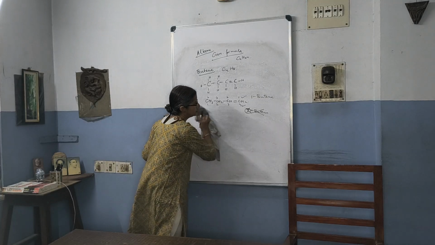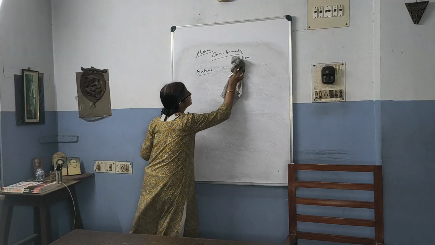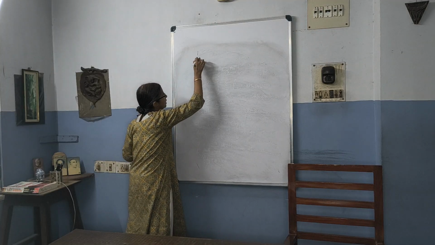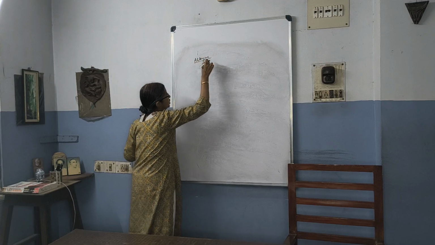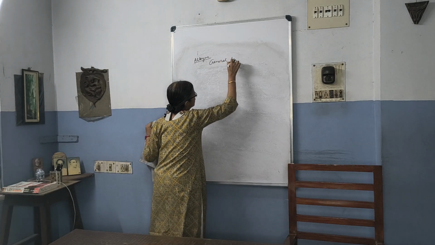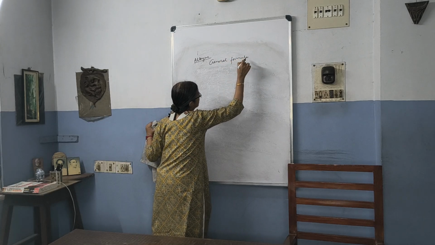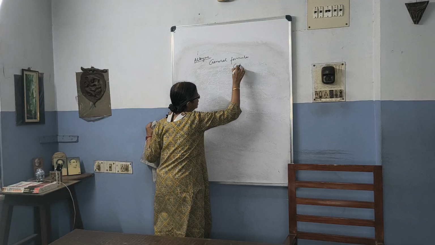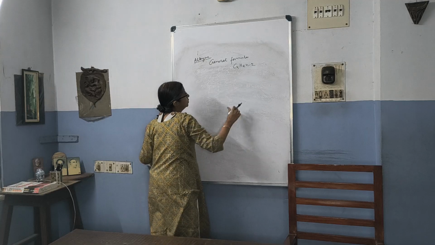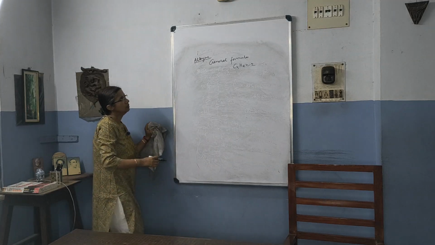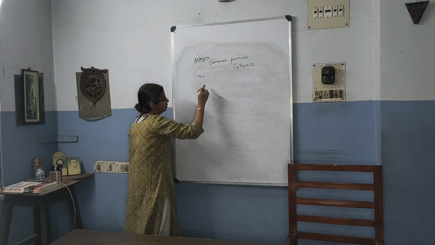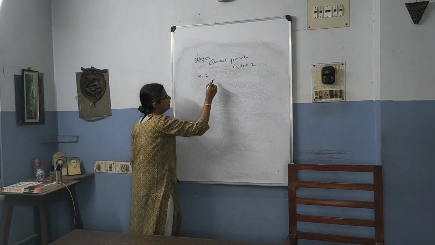Now we will move on to alkyne. The general formula is CnH2n minus 2. n is equal to 2 again.